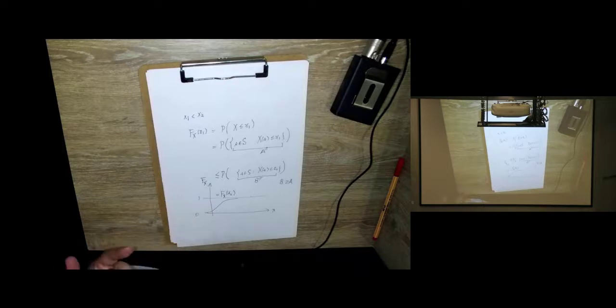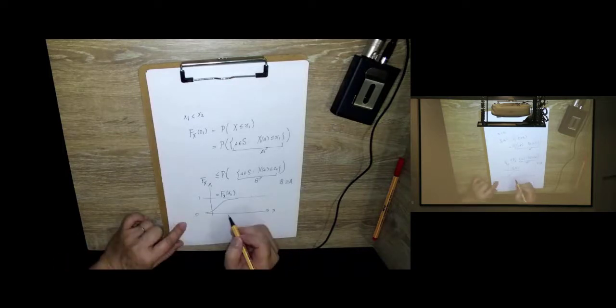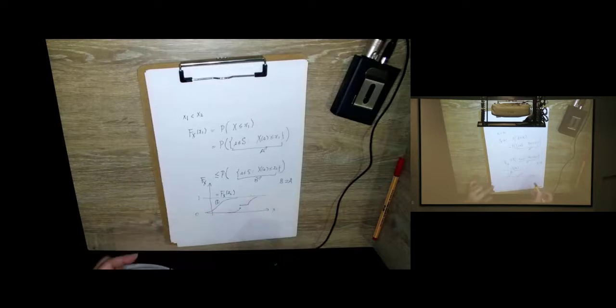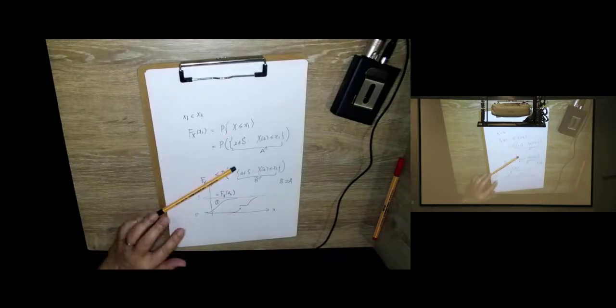So this is one example, example 1. But I might have something like this, and then there is a jump, and something like this. Okay. So these situations are possible.